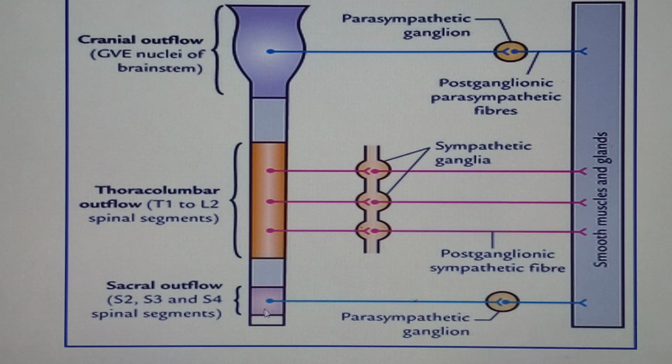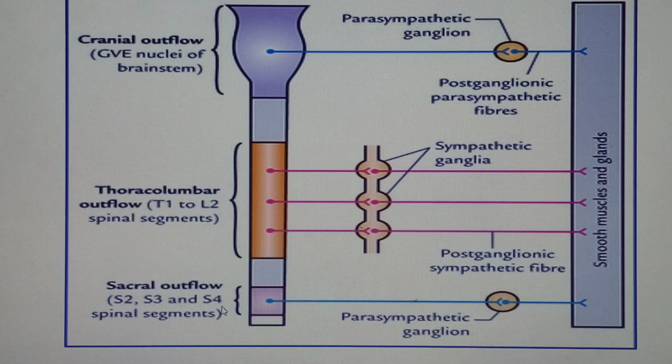The same thing is found at the caudal region: the preganglionic neuron is longer than the postganglionic neuron. So the postganglionic neuron is very near the target structure, and that is why the sacral portion of these nerves also forms part of the parasympathetic outflow, and that's why I use the word craniosacral outflow. Whenever we talk about craniosacral outflow, the sacral portion is S2, S3, and S4.